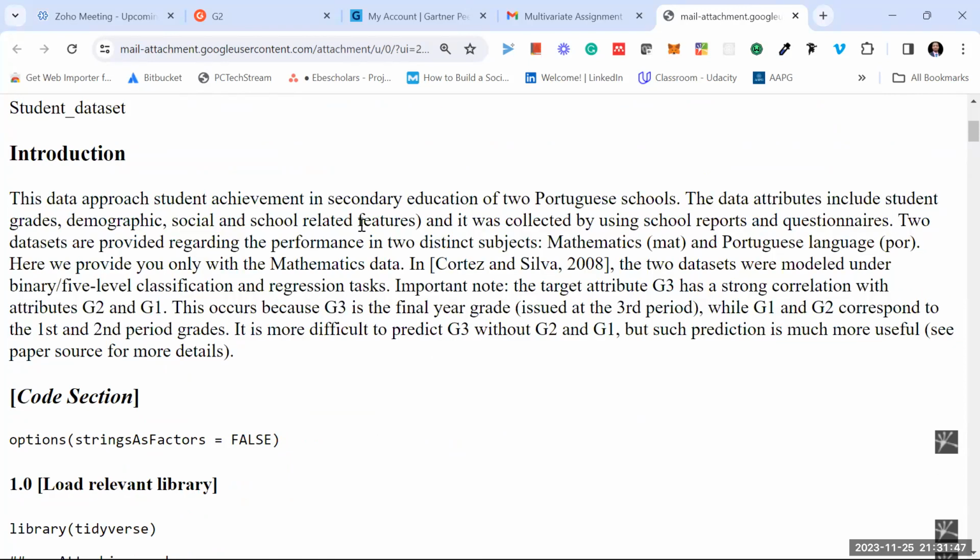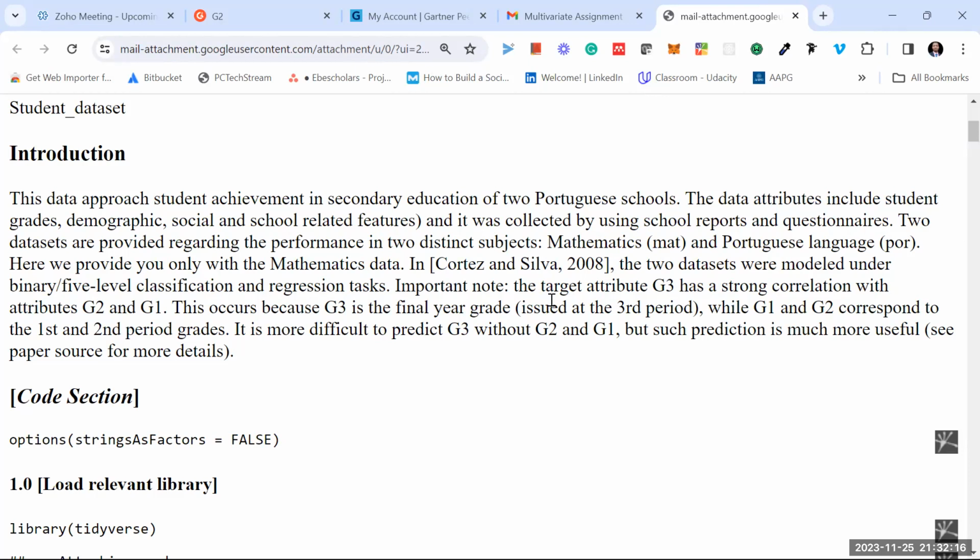The data attributes include student grades, demography, social, and school-related features, and it was collected by using school reports and questionnaires. 2 data sets are provided regarding the performance in 2 distinct subjects, maths and Portuguese. The one we have is the one for maths. Here we provide you with only the one for mathematics. The 2 data sets were modeled under binary, 5-level classification and regression tasks.